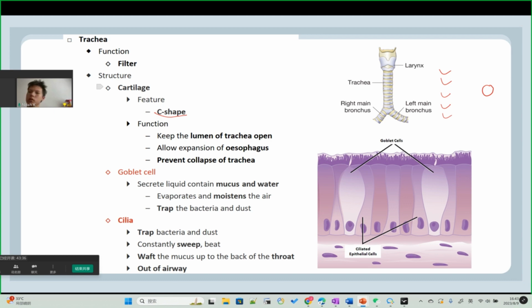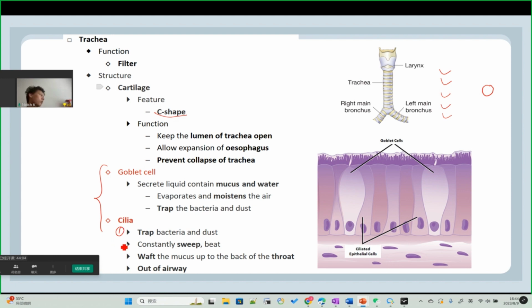It also contains goblet cells and cilia. These two structures are usually tested together. If the question asks you about the function of goblet cells and cilia, it's usually worth 3 to 4 marks. The first thing you should answer is that goblet cells secrete mucus to trap bacteria and dust.